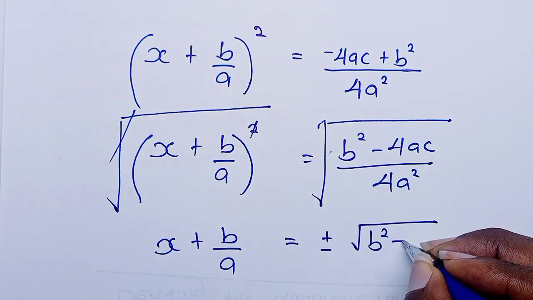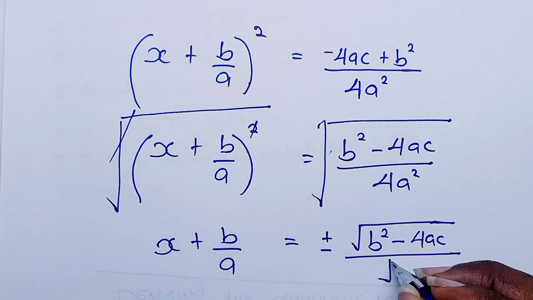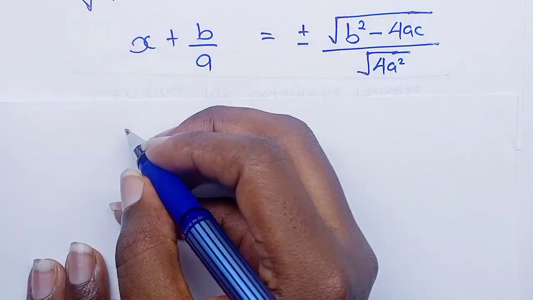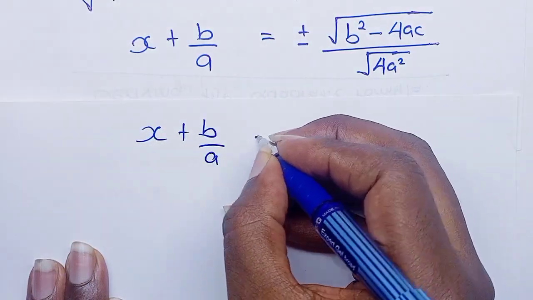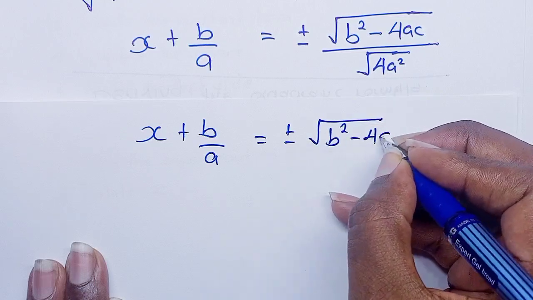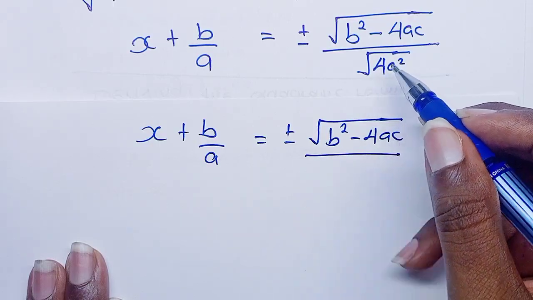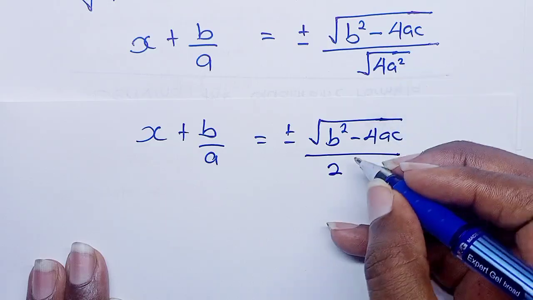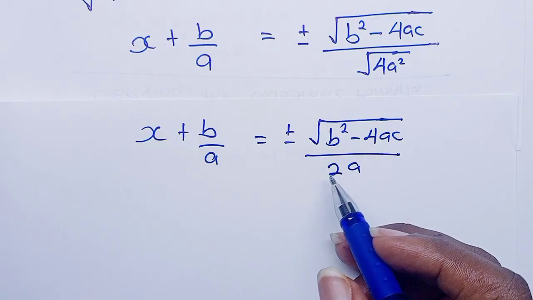So we shall have the root of b squared minus 4ac over the root of 4a squared. So this will be x plus b over a being equal to plus or minus root of b squared minus 4ac over, now the square root of 4 is 2, the square root of a squared is a. So this is what we have.